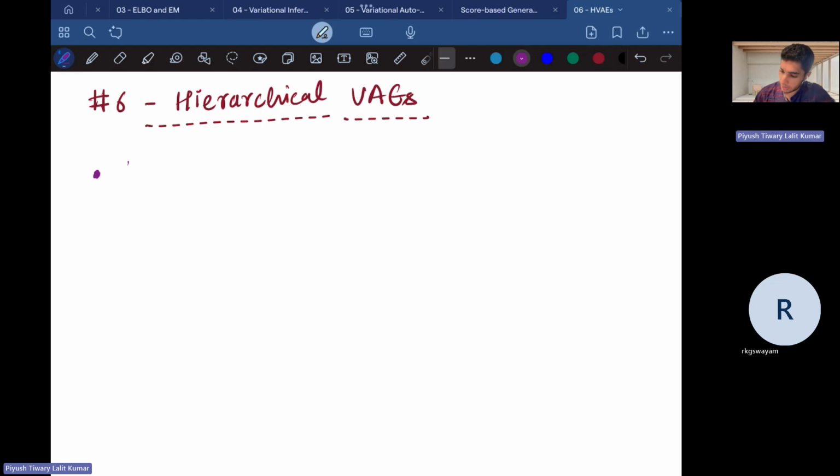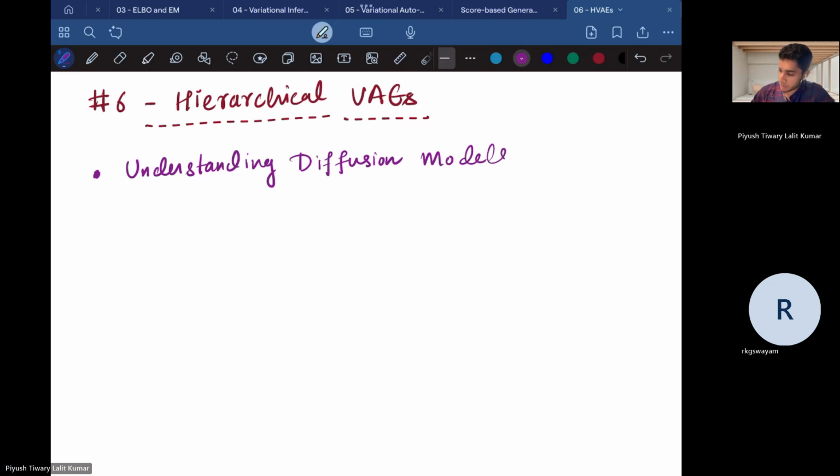This is taken from Understanding Diffusion Models by Calvin Luo.